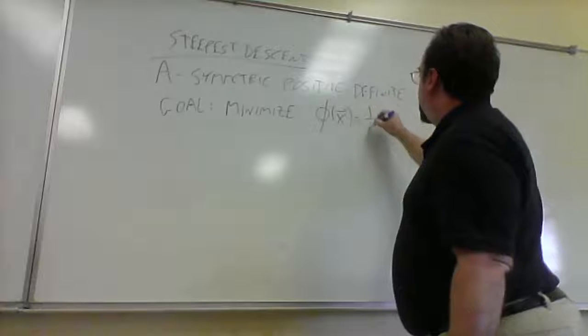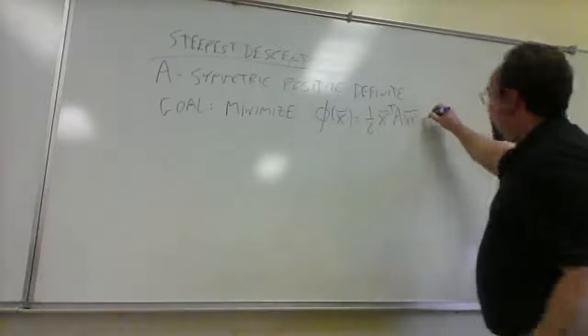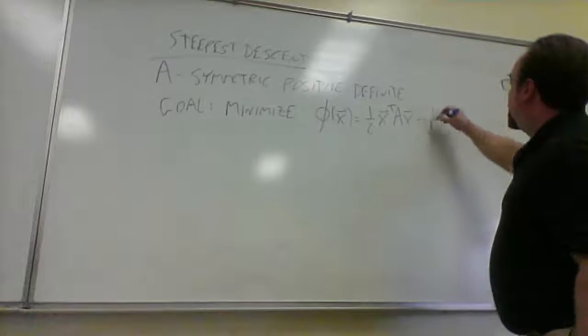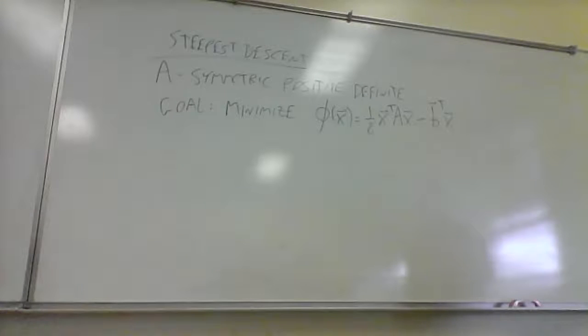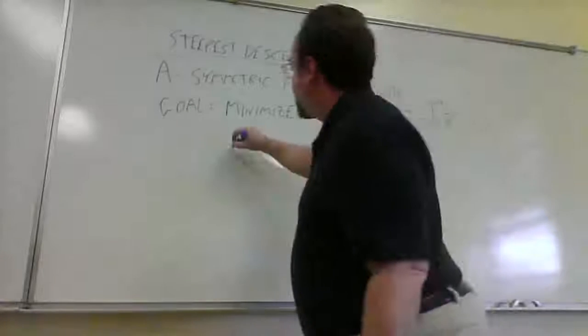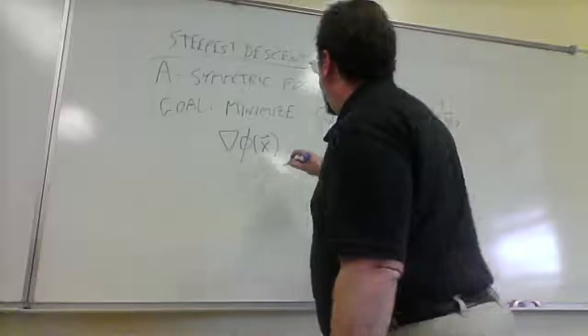Phi of x is 1/2 x transpose Ax minus b transpose x. Now, how do you minimize a function of several variables? This is what you learn in multivariable calculus. You take the gradient of your function and you set it equal to 0.